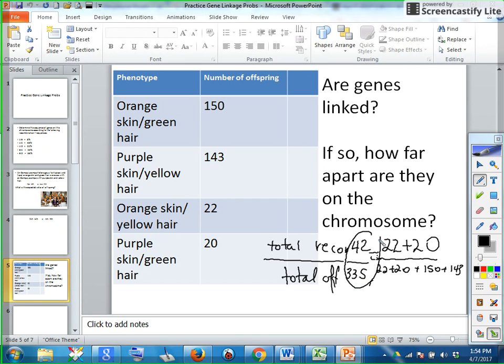So 42 divided by 335 gives me an answer like 0.125.